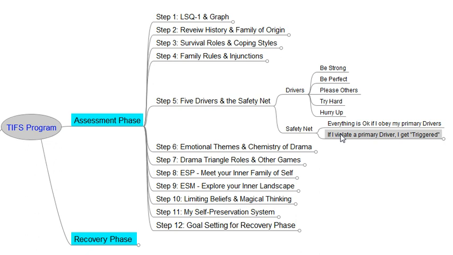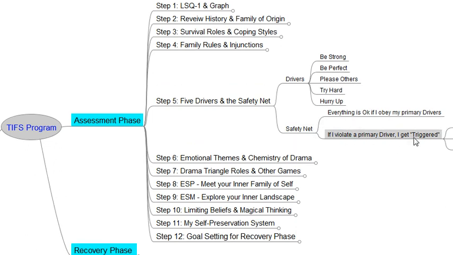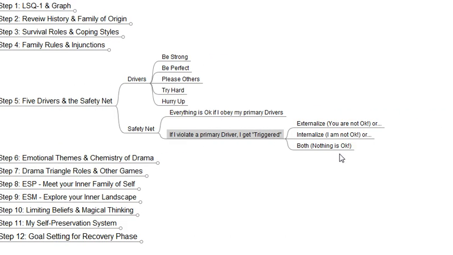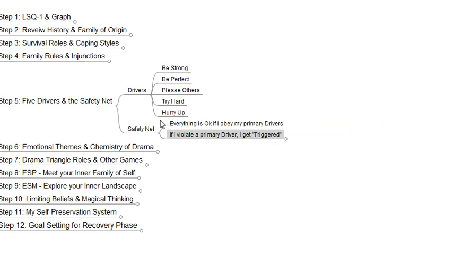To give an example, if I have a be perfect driver and I make a mistake and someone important to me notices it, then I could fall through the safety net into a place of unokayness, where if I externalize it, then I'm okay and you're not. If I internalize it, then I'm not okay, I'm bad, I'm stupid, and you're okay, or nothing and neither one of us is okay. So this is when I get triggered into those emotional themes.